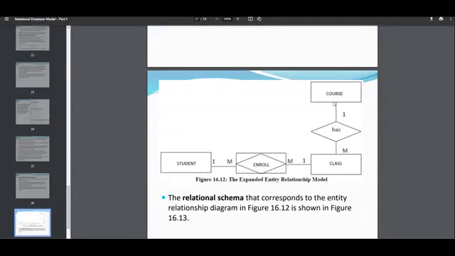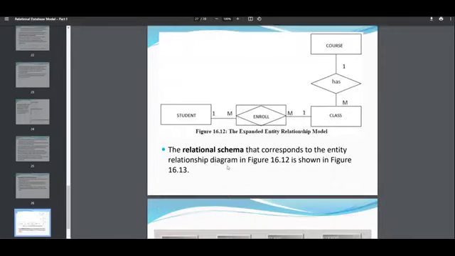So the relationship type can be easily found there using this notation. In the exam also, while you are trying to draw these kinds of ER diagrams, the format should be the same as this.